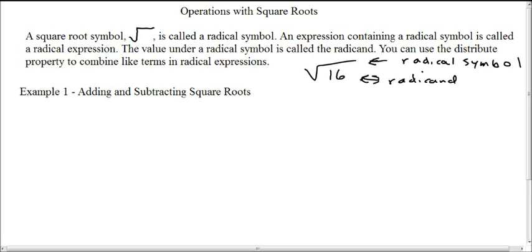We can use the distributive property to combine like terms, and we probably need to revisit like terms, but we know what like terms are. If we're adding 5 plus 5, 5 is a term, 5 is a term, and we're adding them because they are constants.